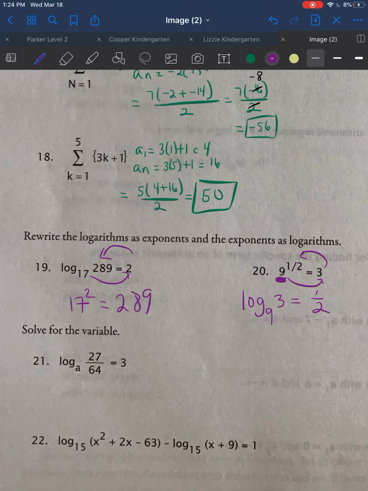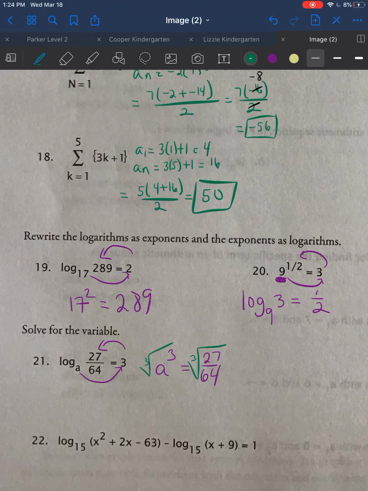Solving for the variable, that's when we're going to get a equals, x equals something of the sorts. On this one, we're going to go ahead and start by doing the swirl because I can't do much with a log sitting there. So I'm going to say a to the third power equals 27 over 64. If I want to figure out what just plain a is, then I'm going to take the cube root of both sides.